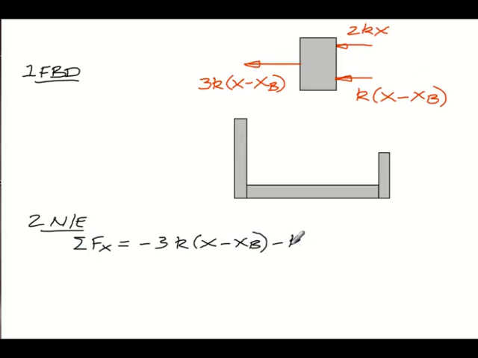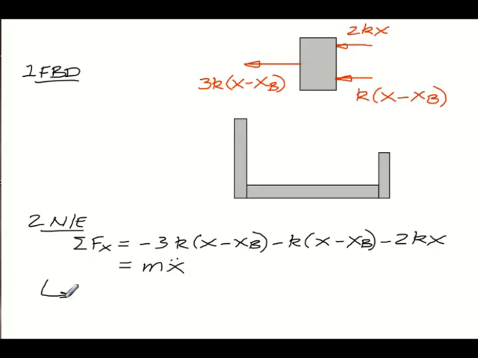We have a minus K times X minus XB. Minus 2KX. They're all pointing to the left, so that's a minus sign on there. Then that's equal to the mass times X double dot.